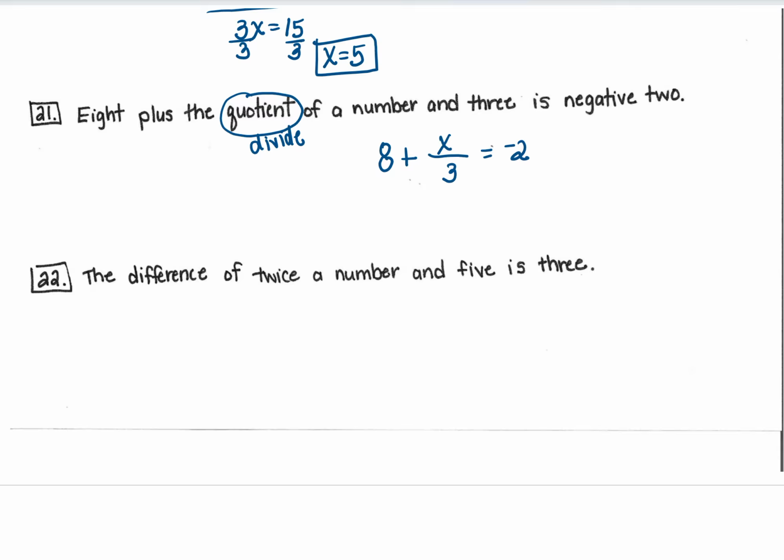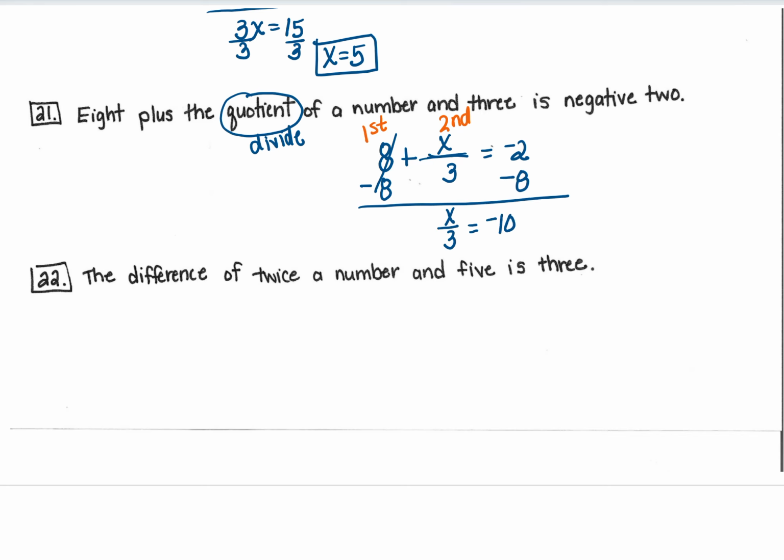So that's 8 plus the quotient of a number and 3 is negative 2. Okay, remember, this is the one we do first. And if you're attached to the letter, that's the one you do second. So we're going to subtract our 8. Subtract your 8. That leaves me x over 3 is equal to negative 10.